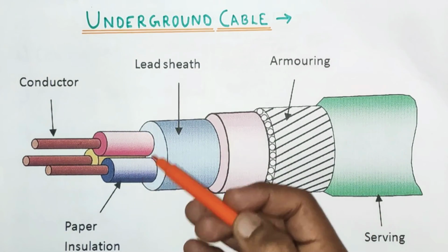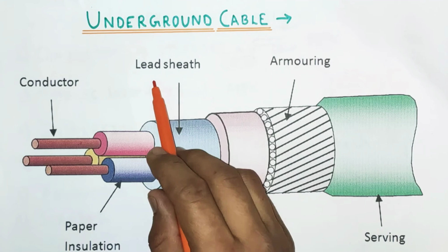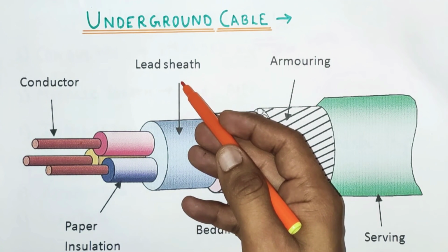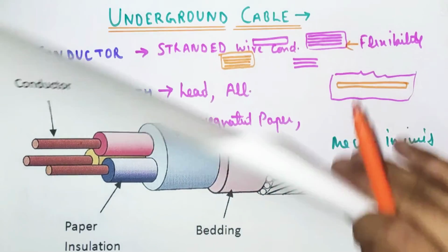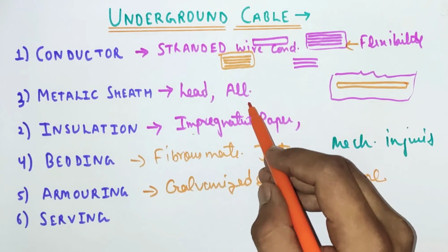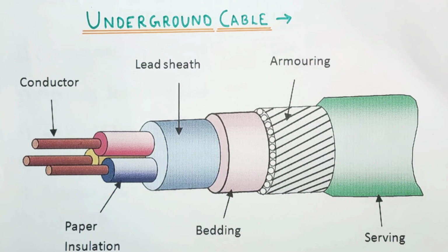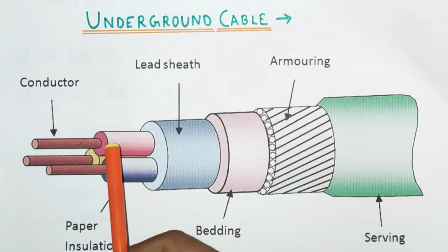Friend, now starting the protective layers. First is the lead sheath. It is also called a metallic sheath, and it is made up of lead or also aluminium. So the name is given lead sheath. The main function of the lead sheath is to protect insulation from moisture.